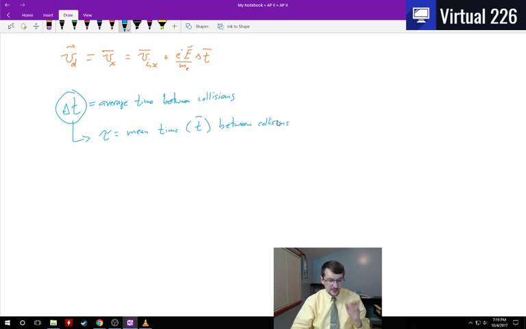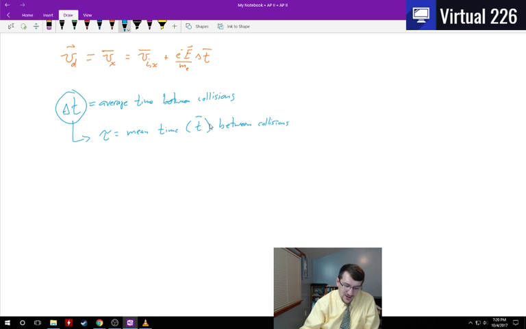That's what we're looking at there. With this idea of the mean time between collisions, what we can do with this eE over m delta t is write it by replacing this delta t with a tau, okay?